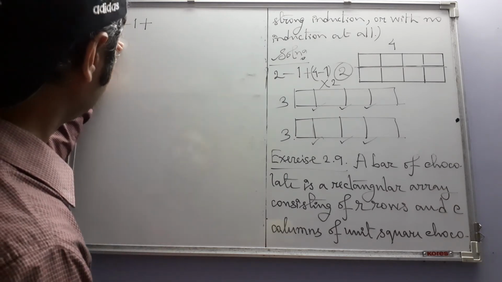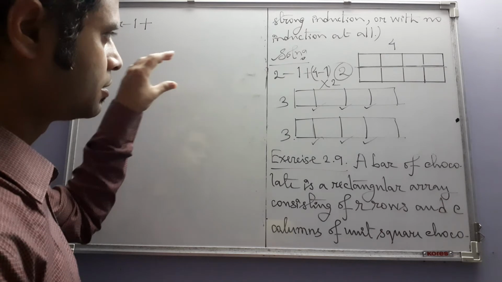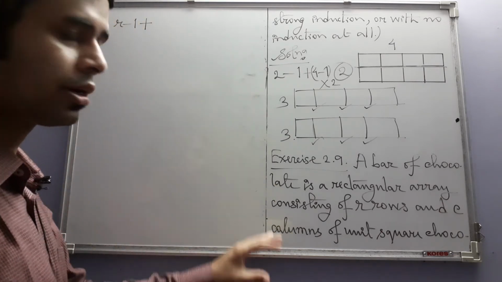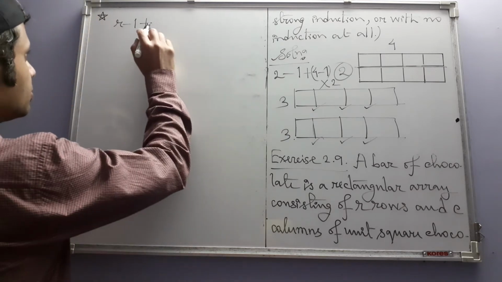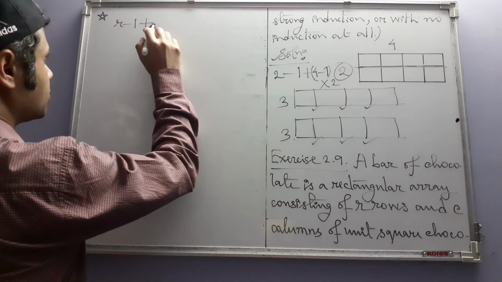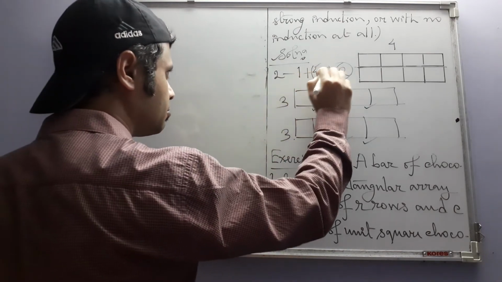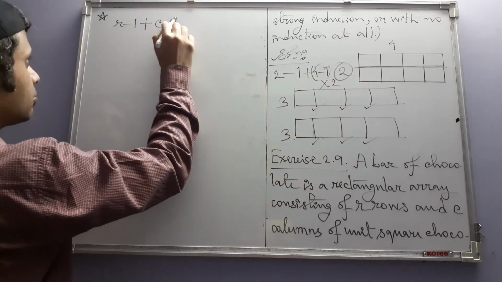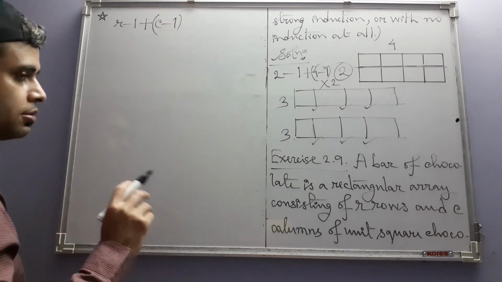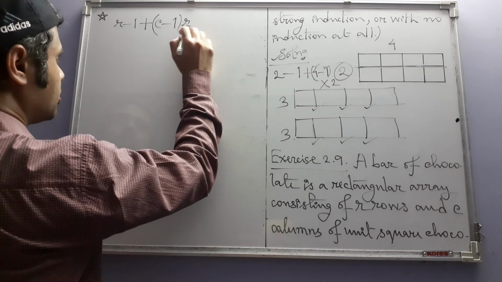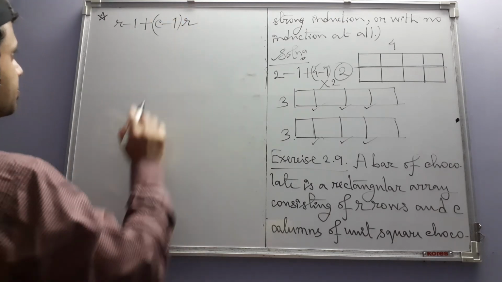Now after performing these R minus 1 breaks, we have rows of chocolate pieces. So how many vertical breaks? The number of columns minus 1. And how many such C minus 1 actions? The number of rows times.